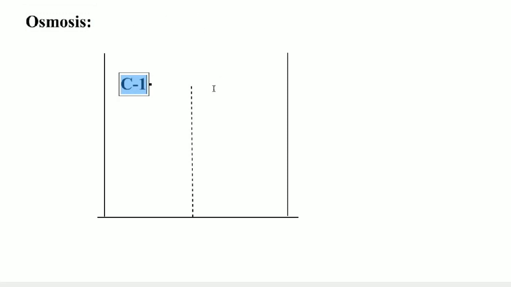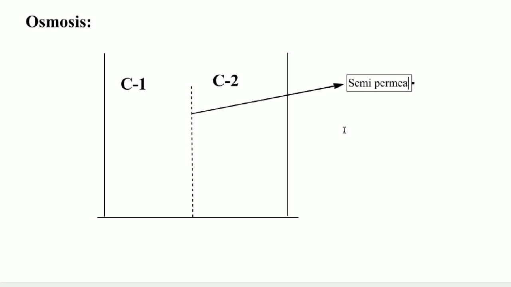So students, we can take a container and divide it into two compartments with the help of a semi-permeable membrane. In the container you can take two solutions, or a solvent and a solution, or a dilute and a concentrated solution, which are separated by a semi-permeable membrane.